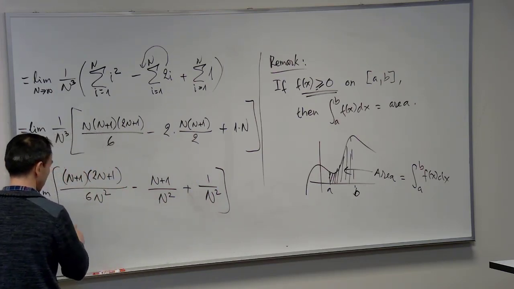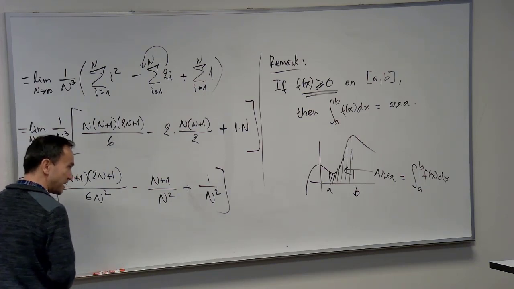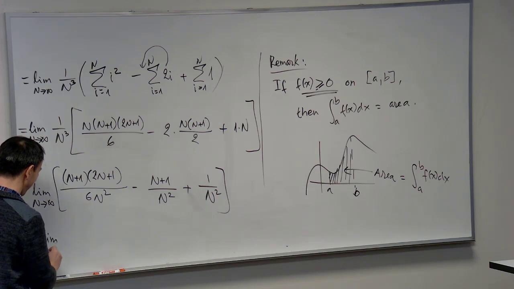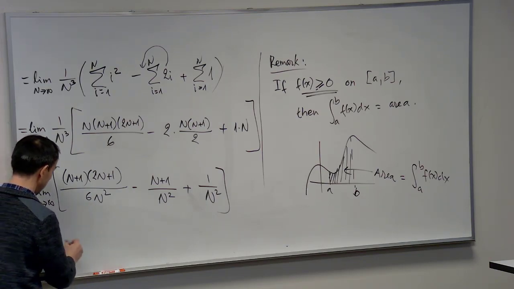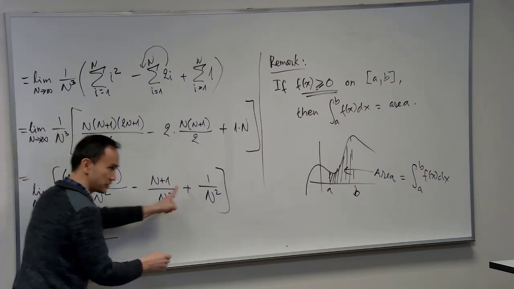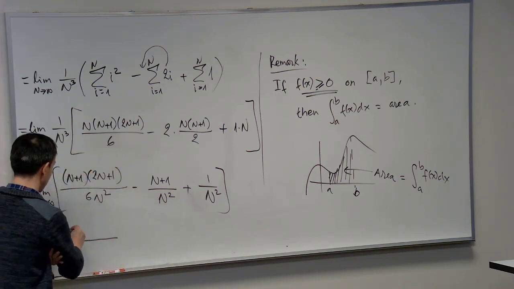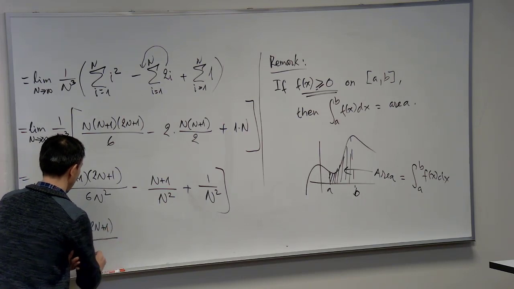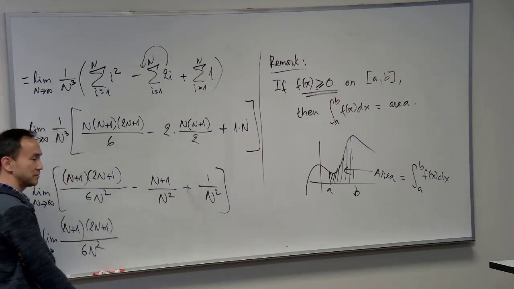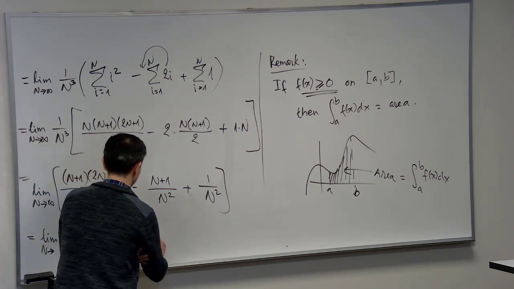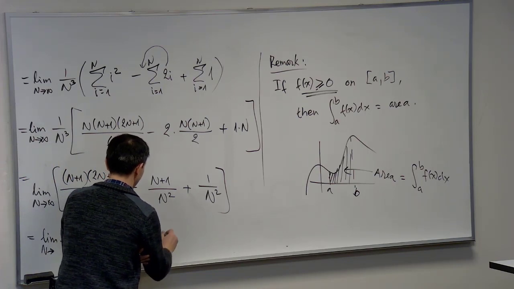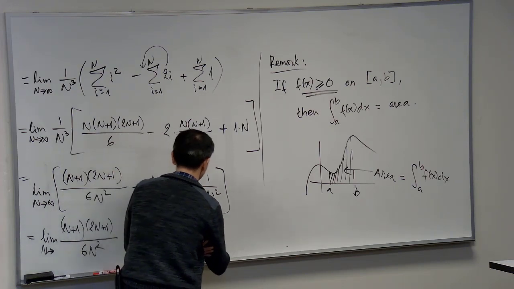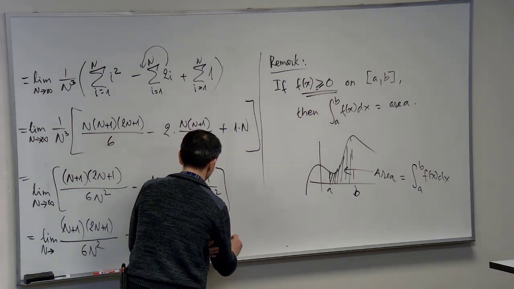So that means, according to the limit laws we learned back in Calc 1, and you guys freshly came out with me from Calc 1, limit laws allow us to take limits separately of the 3 terms here. So the limit as n goes to infinity of n plus 1 times 2n plus 1 over 6n squared, minus the limit as n goes to infinity of n plus 1 over n squared, plus the limit of 1 over n squared.